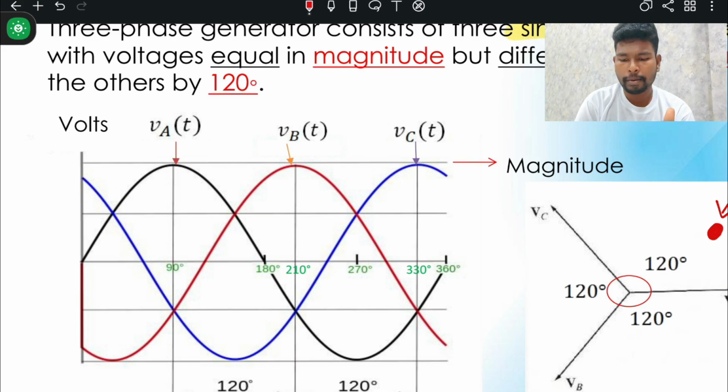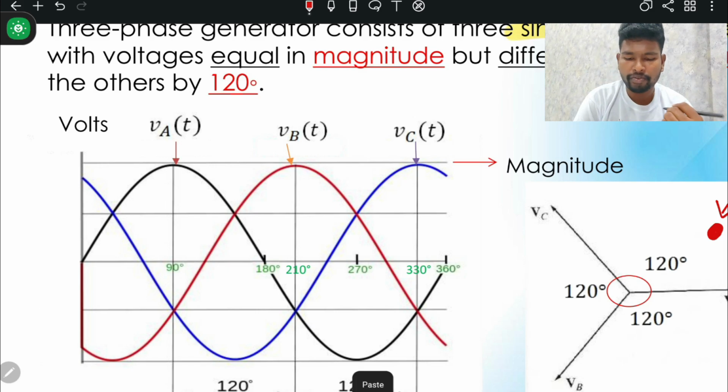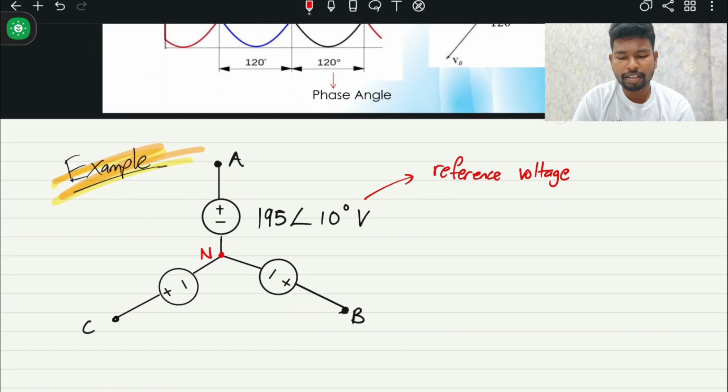Where the first line, which is the VA, starts with 0 degree shifting, followed by the VB, which is 120 degree shifted, and VC also 120 degree shifted from the VB. Okay, now let's go to the theory calculations.